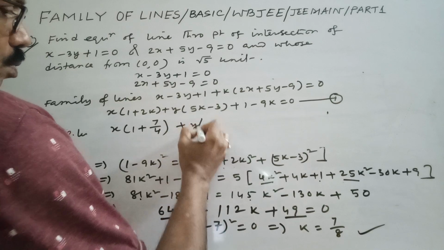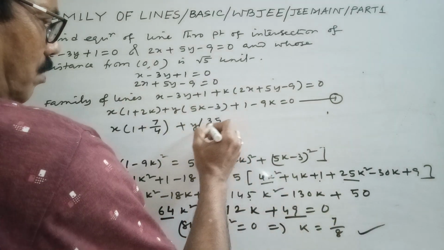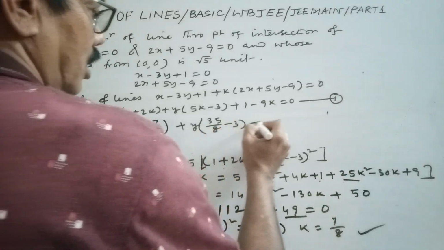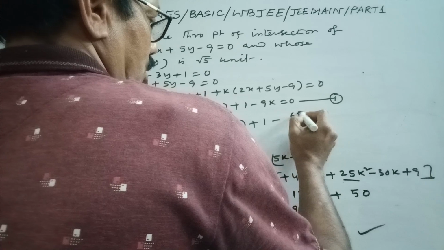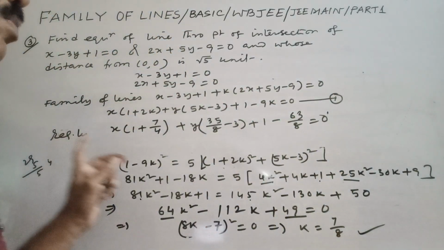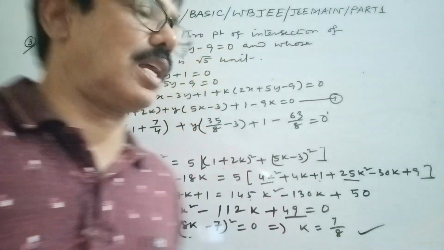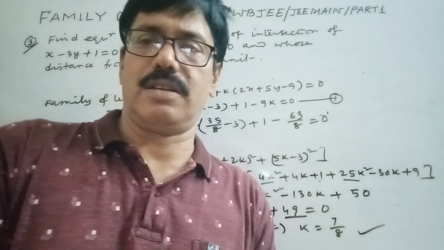Y into 5k, 35 by 8 minus 3, 1 minus 9 into 7, 63 by 8 equals 0. Now simplifying, you get the result. So you simplify and you get the result.